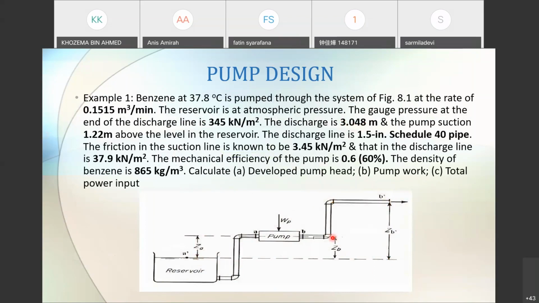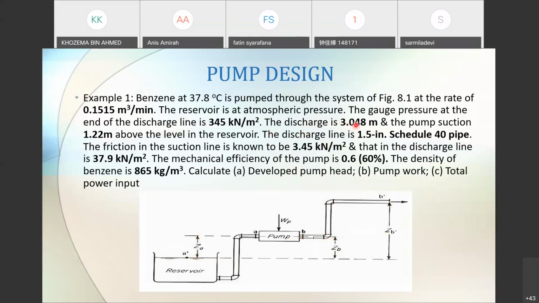By right, if you look at the description given in that figure, you have to find the value from the center line of the pipe to the highest point of discharge. So this is going to be your ZD minus your negative ZS. But in the question, it's already given to us.